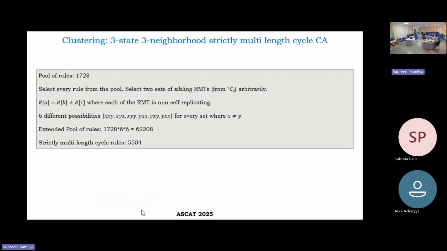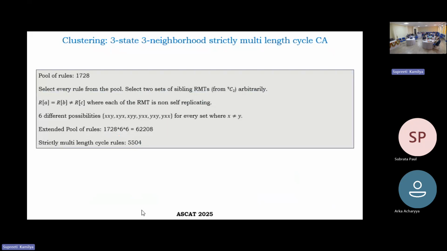In this case, we are finding 1728 rules, and we are generating and selecting the rules in such a manner where RA equals RB but not equal to RC. In this way we get a pool of rules, and finally out of this we checked each of the rules and identified 554 as useful rules for clustering.